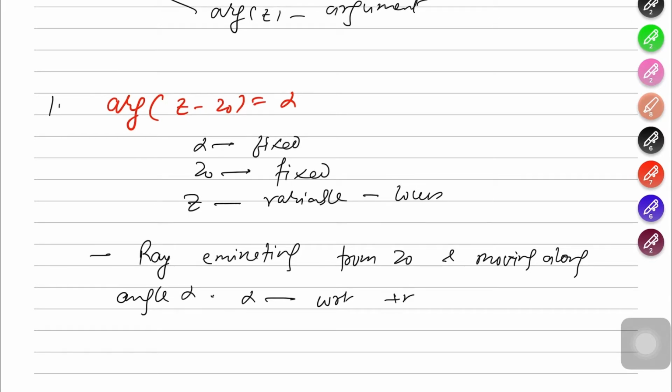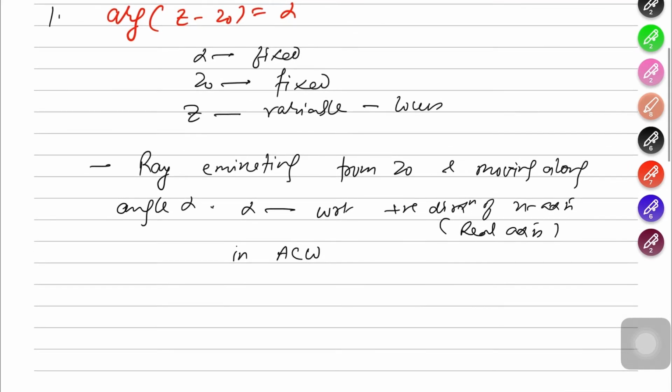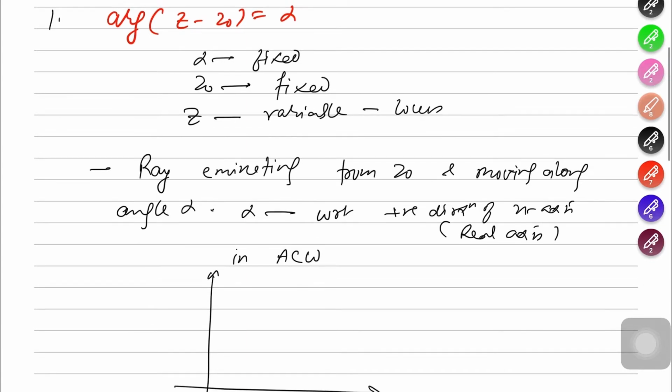Okay, and this angle alpha is with respect to the positive direction of the x-axis, or in complex numbers we say the real axis, in the anti-clockwise direction. So suppose this is any complex plane or argand plane, and let's say z naught is here.